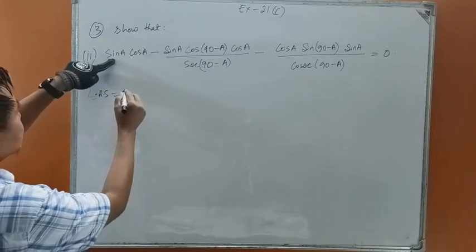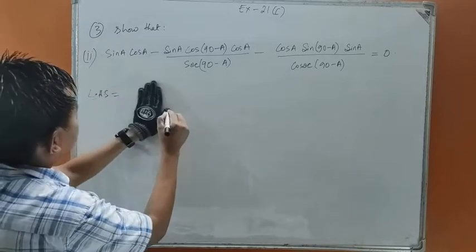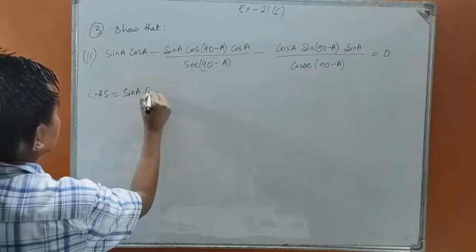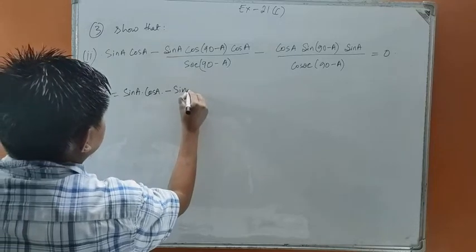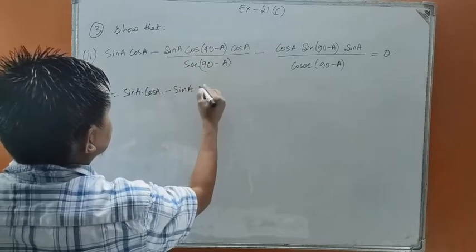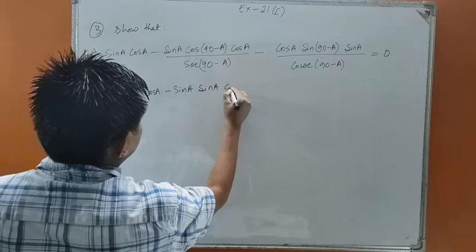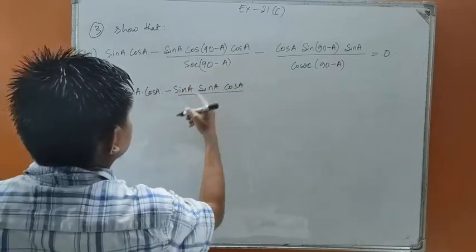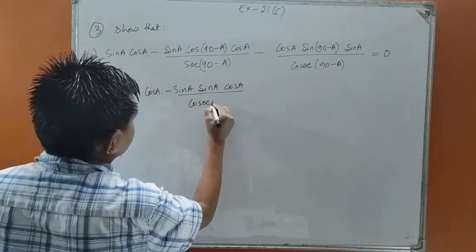we copy the sine A cos A as it is, sine A into cos A, minus this sine A. Now cos 90 minus A is sine A, isn't it? Sine A, and this is cos A, and here we have sec 90 minus A. Sec 90 minus A is cosec A, isn't it?